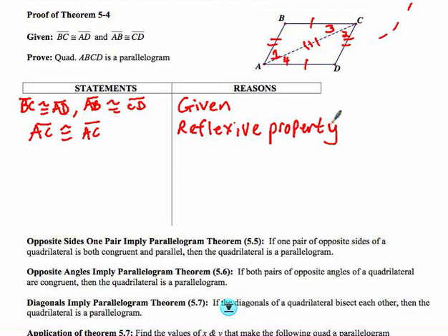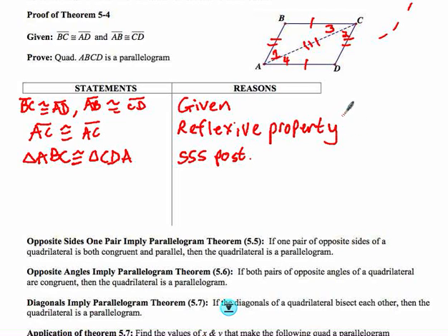That allows us to say that triangle ABC, going from A to B to C, and triangle CDA, going from C to D to A, are congruent by the SSS postulate.